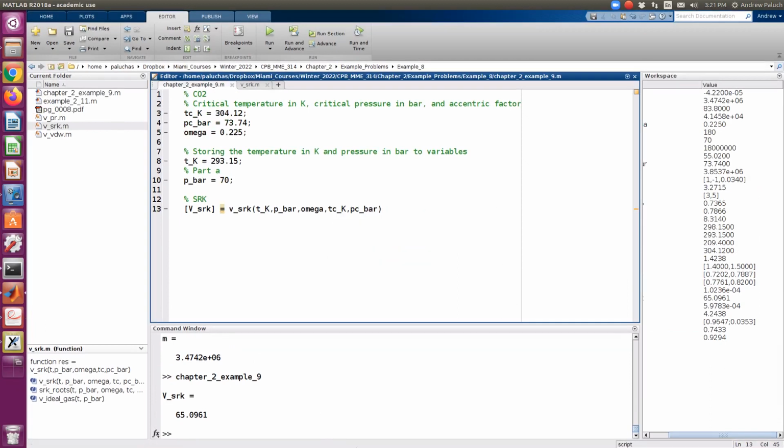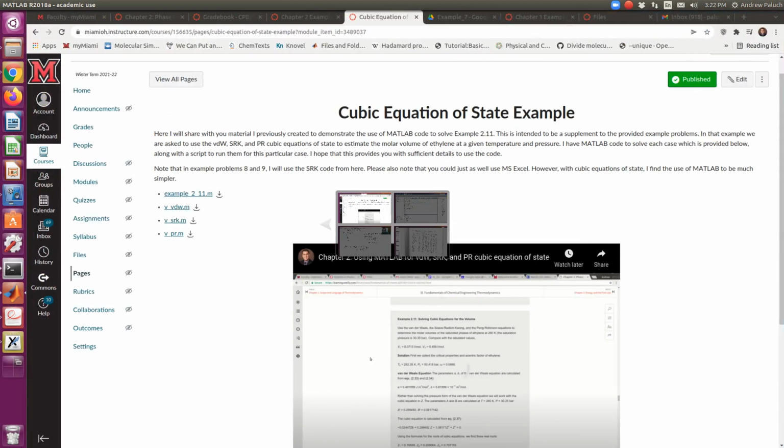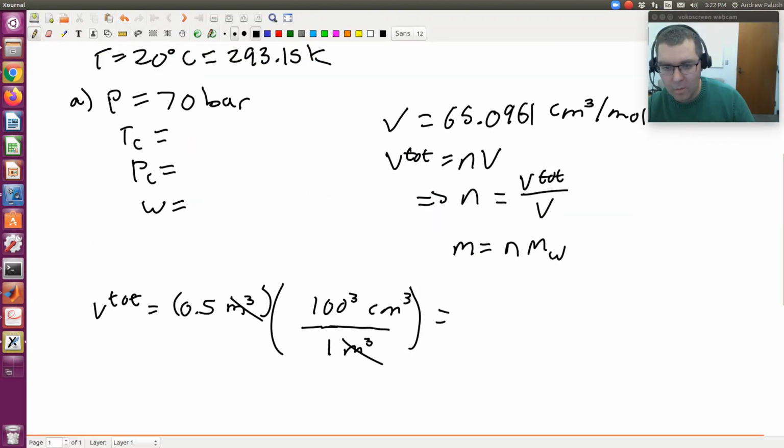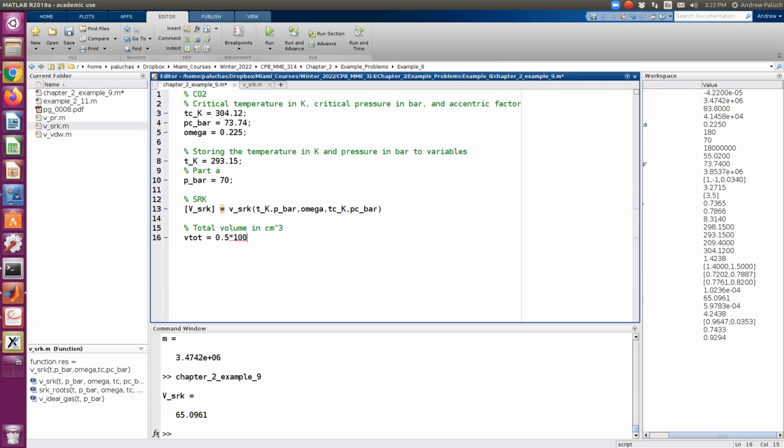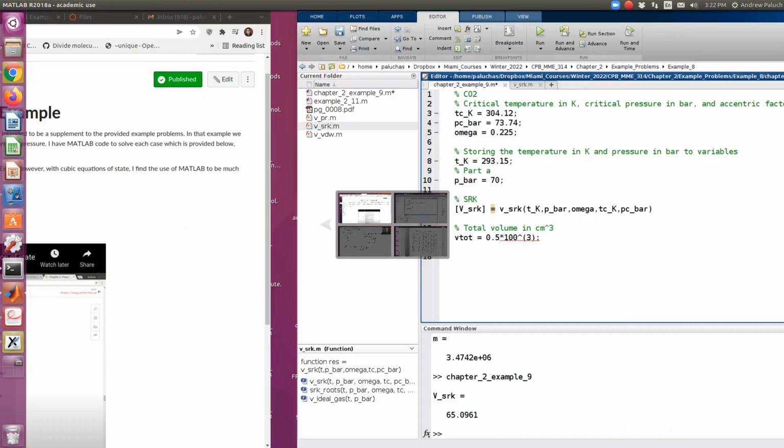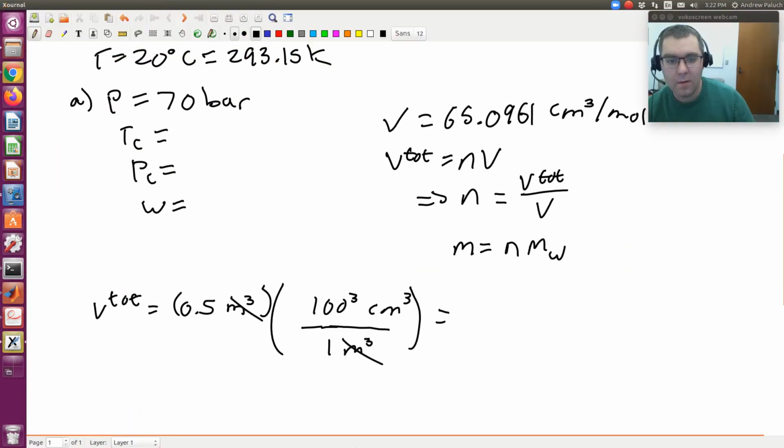So V total in centimeters cubed is 0.5 times 100 cubed. We'll just leave it like that since we have it in MATLAB.